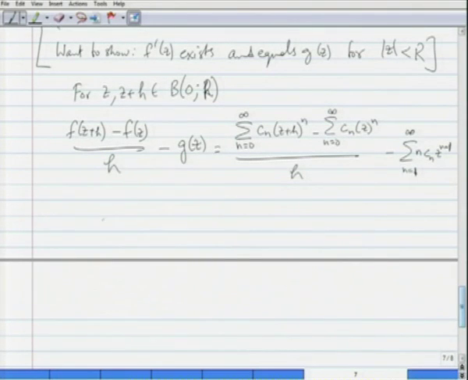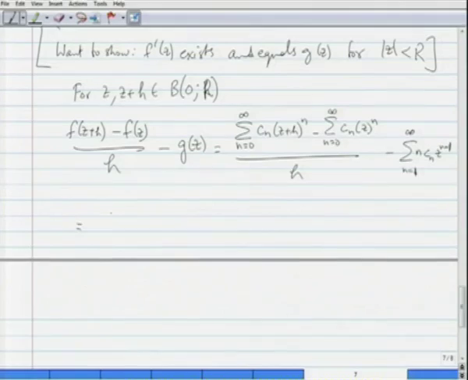Okay. So, this is in turn equal to, well, observe that in the numerator for the difference quotient, the 0 terms are C 0 and C 0 respectively. So, both those cancel each other. So, you can actually begin the difference from the index n equals 1.